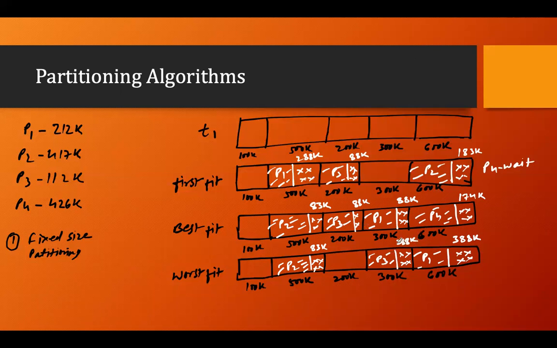So it will be 188 left, not 288, and it is of no use. Now, 426, can we accommodate 426 anywhere? No. So P4 has to wait. Now, if you see here in this particular fixed size partition, best fit is working the best because it can accommodate all the processes into the memory.